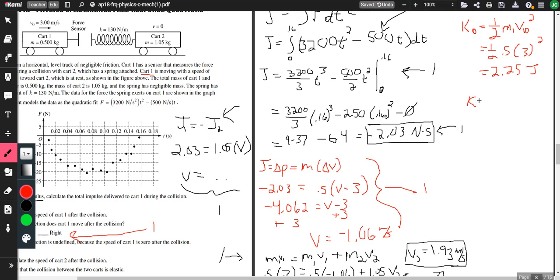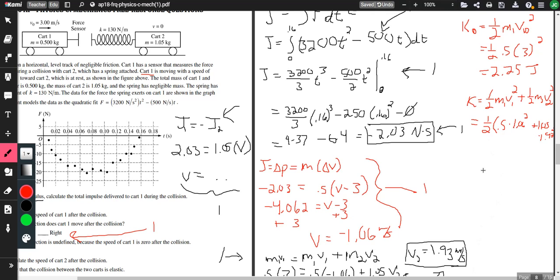After the collision, it's going to be the sum of both of these. Now, object 1 has a negative velocity, but I do not care about that. It's going to be squared, so that actually doesn't really matter. I'm actually pulling out the 1/2 so I don't have to keep writing it. 0.5 times 1.06 squared plus 1.05 times 1.93 squared.